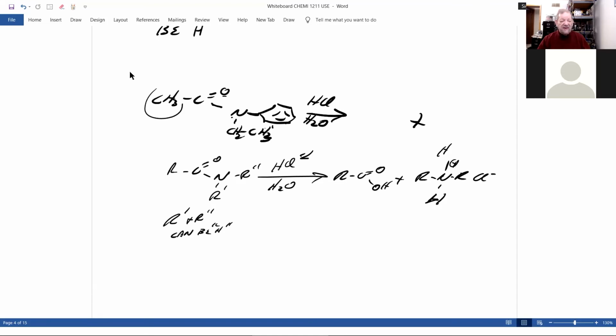So if we come back here, R is methyl. One of these I'll call R prime, the other I'll call R double prime. So my R group is methyl, and I'll get acetic acid.